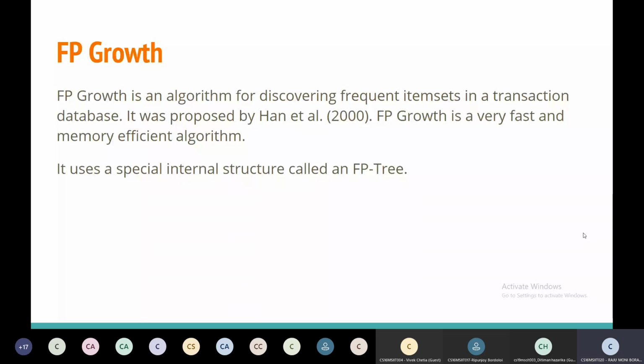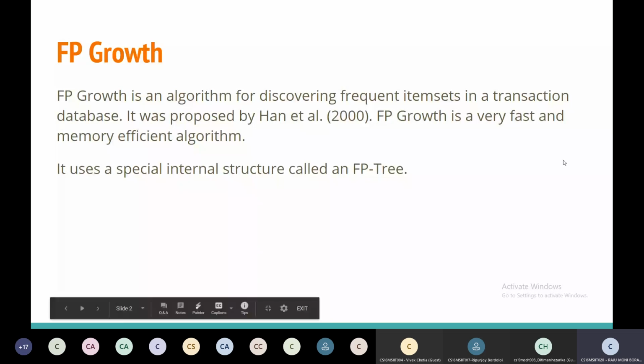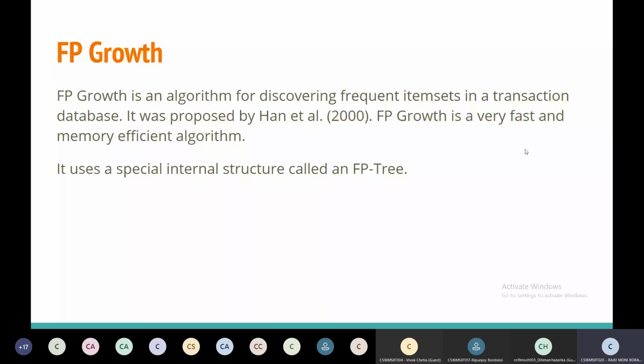Basically, it is an algorithm to discover frequent item sets in a database. It uses an FP tree to discover the patterns in our data set. It is used as an analytical process to find a particular pattern in our data or data sets. The steps are as follows.